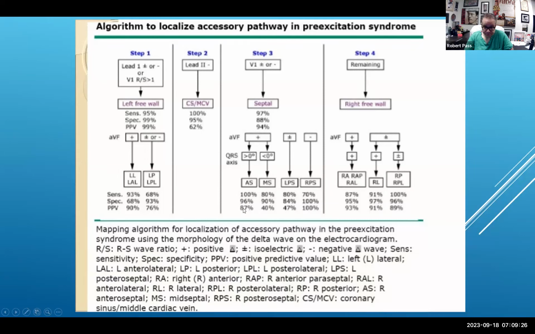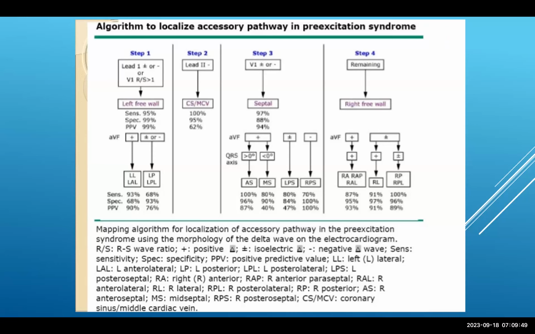So when we go into a case like this and we see this type of pattern, we know that we are going to be dealing with a potentially difficult to ablate pathway because of its location. And when I'm seeing patients in the office, I routinely will look at the EKG in order to inform decisions regarding whether or not I'm going to take on an ablation in a particular sized patient.